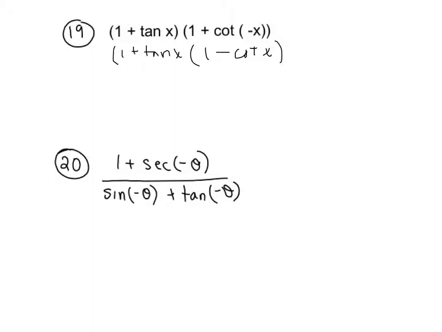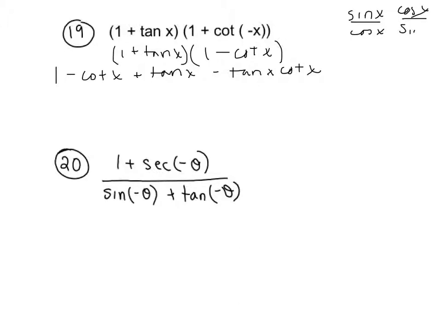So if you multiply all of this out using the FOIL method or whatever, you'd have 1 minus cotangent x plus tangent x minus tangent x cotangent x. Well, tangent is sine over cosine, and cotangent is cosine over sine.